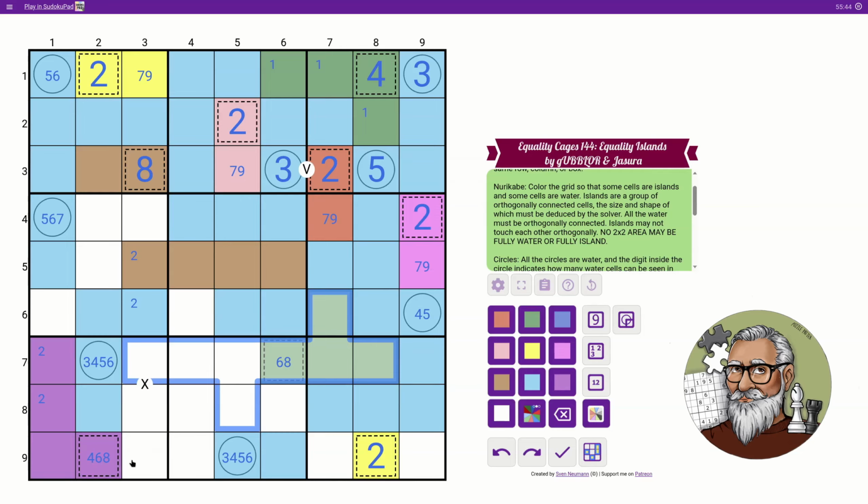Am I missing something here? Hold on, if this is not brown, it can't be anything else, so... Slowly but hopefully surely. So now we need at least 2 here.